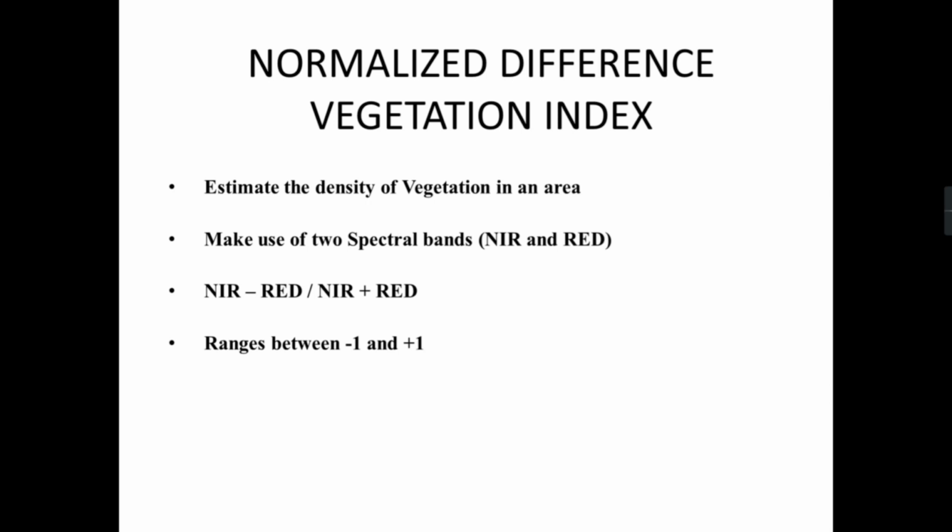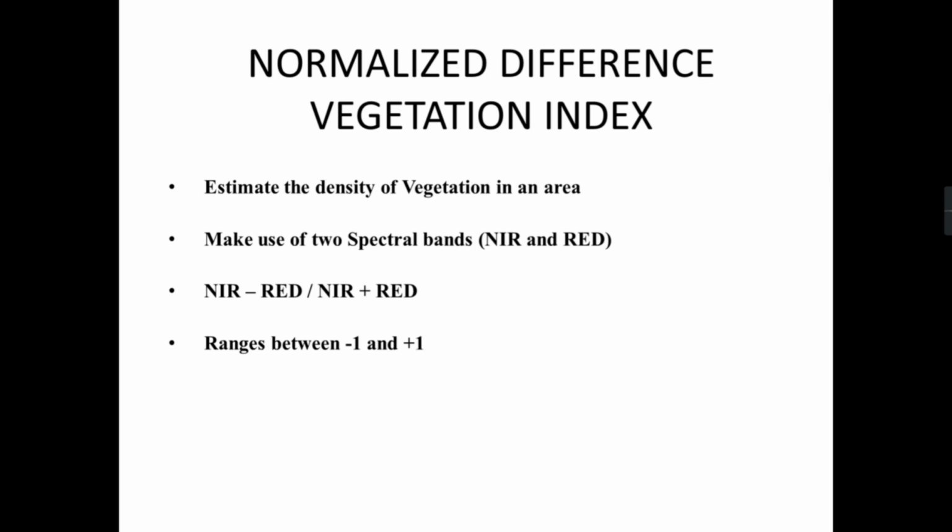So -1 indicates that our place of interest is a water body, or a place which is completely devoid of vegetation. If we progress from -1 to 0, it indicates that our place of interest has somewhat sparse vegetation. And as we progress further from 0 to 1, it states that our place has a good to very good amount of vegetation in it.